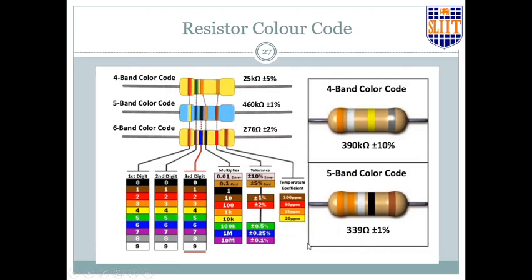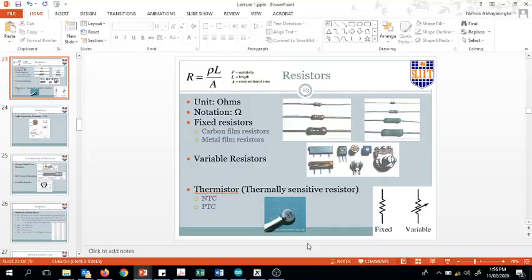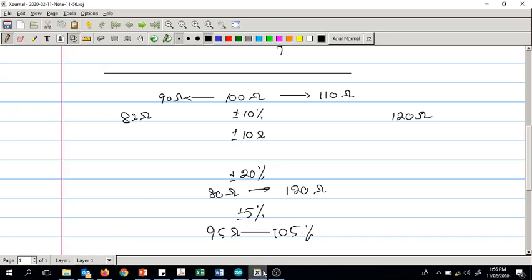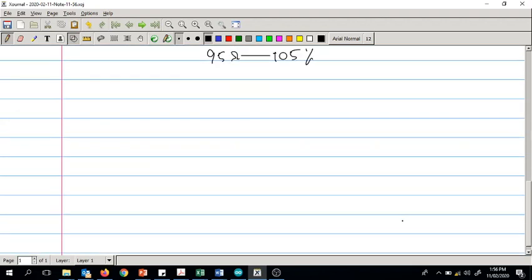Now how do we read it? Let's take an example. Brown, green, red, gold.